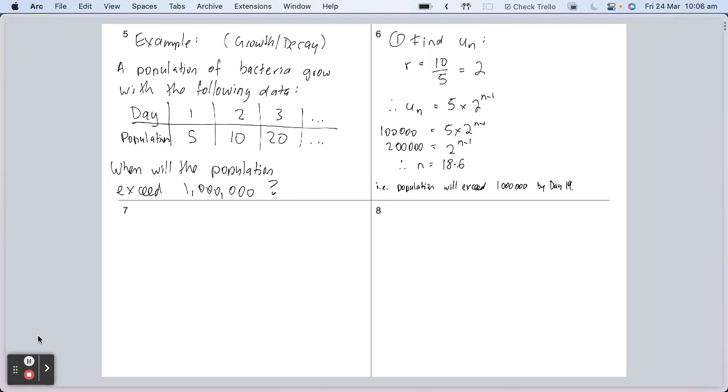Okay. I would also accept this: the population will exceed 1 million during day 18. That would be okay, but you're assuming, which you would do for this, continuous data, right? Continuous growth, which is kind of what you'd expect. Unless, has anyone seen Gremlins? You know how if they're fed after midnight, that's when they turn into more gremlins.